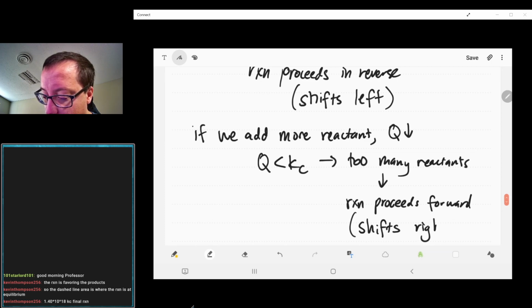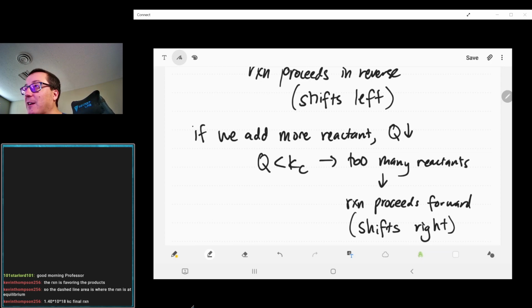Currently it's favoring the reactants, but now we're going to make it favor the products instead. It's going to end up making more of those through reestablishing the equilibrium.